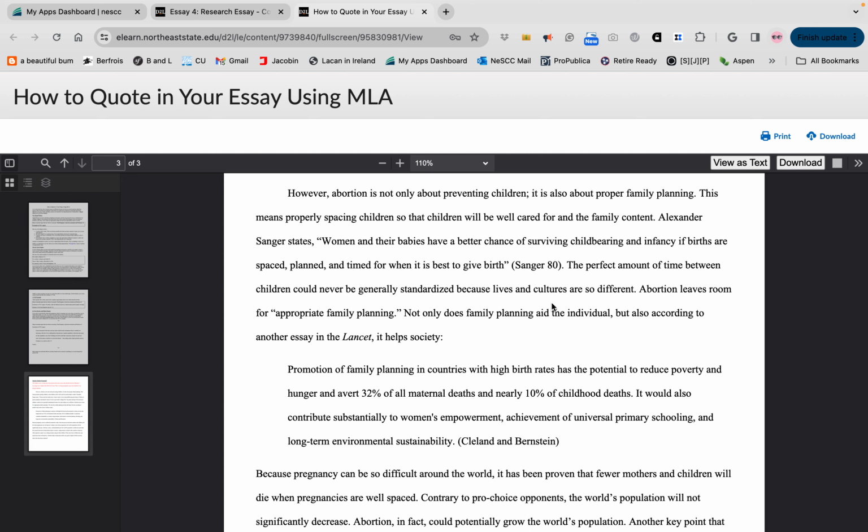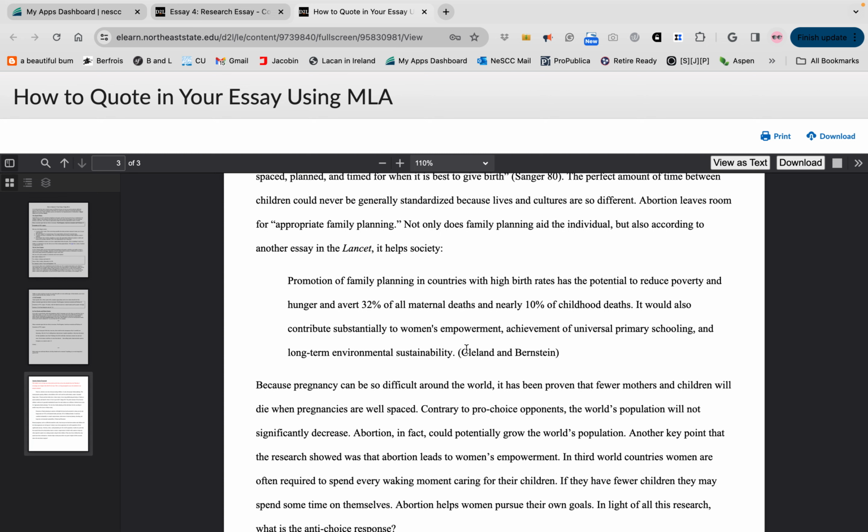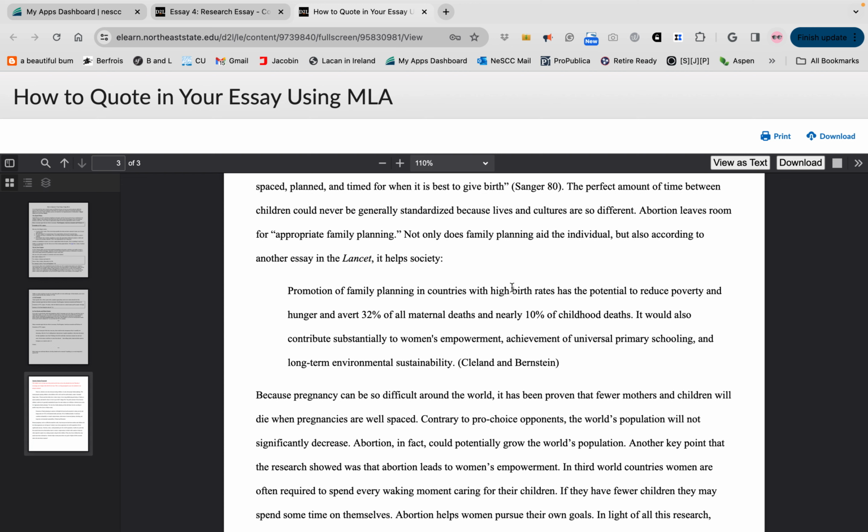So part of what's nice about this is that if you just visually assess this paragraph, and we can talk about a block quote later, you'll notice that it's easy to differentiate between borrowed material and what the writer contributes to this paragraph.